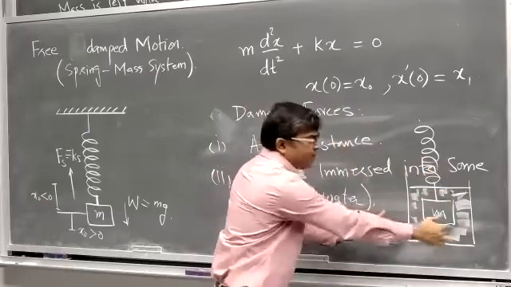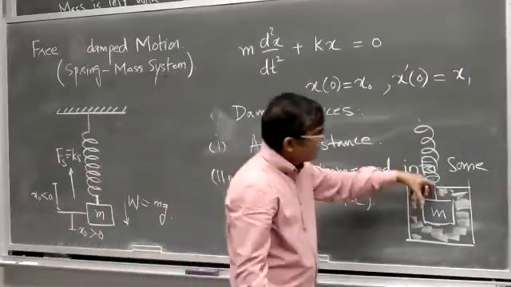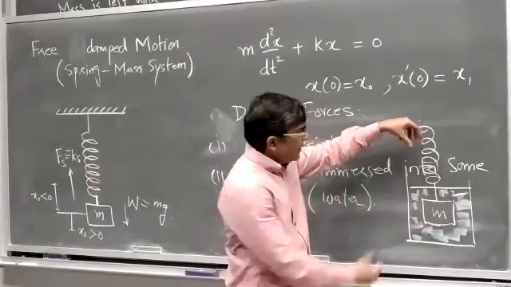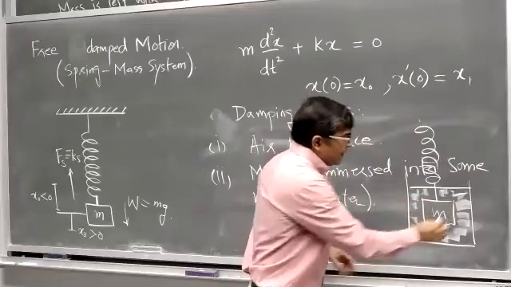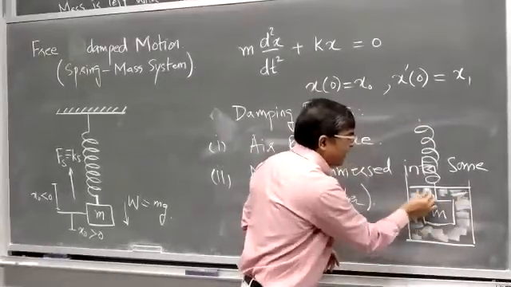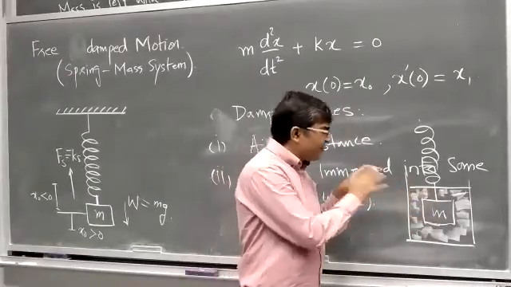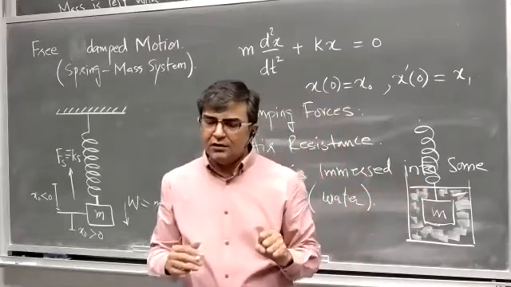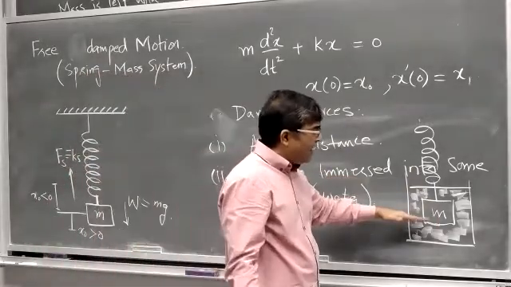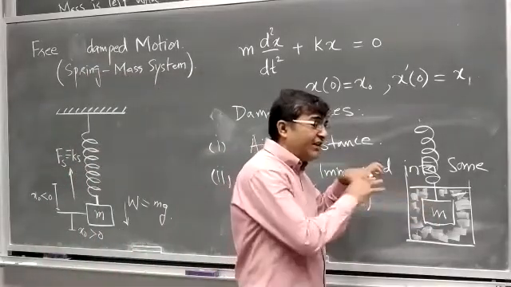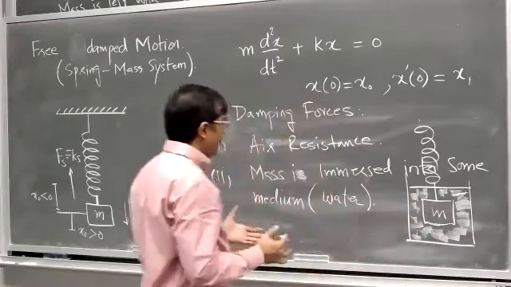There's a container here which contains the water or some other kind of medium, and that mass is immersed in that medium. When we pull down the mass and leave it for the motion, then the surrounding medium will definitely impose a force which will restrict the motion of this mass, which will try to slow down the motion of this mass. Now the motion of the mass is damped. I hope you get it. If you have any question, you can ask me.